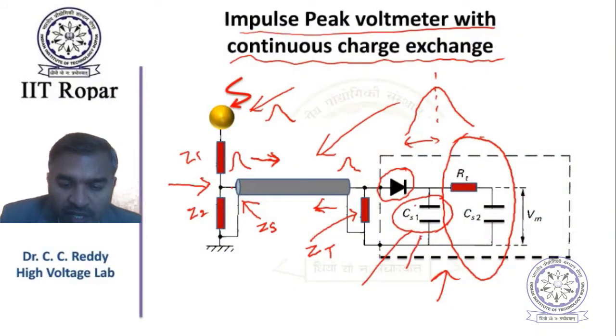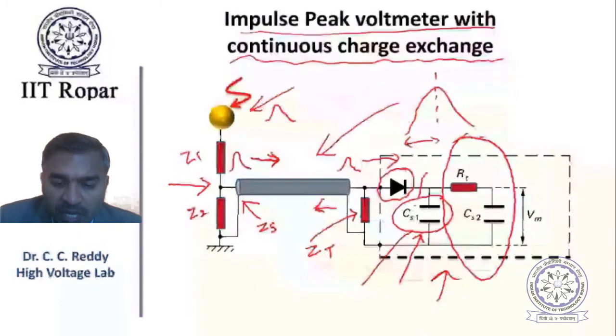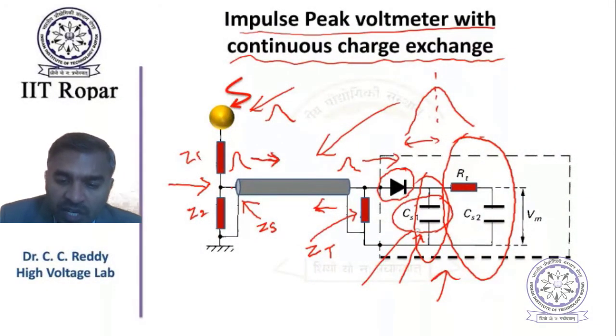So here there is this resistance RT and CS2. Due to this, what will happen when the impulse wave approaches the diode? It will see one parallel branch of CS1 and another branch of this RT and CS2 series combination.